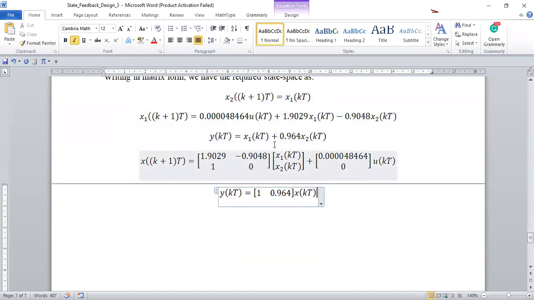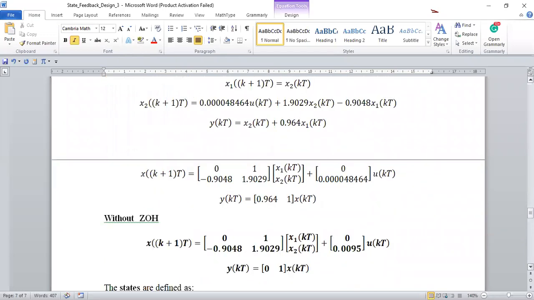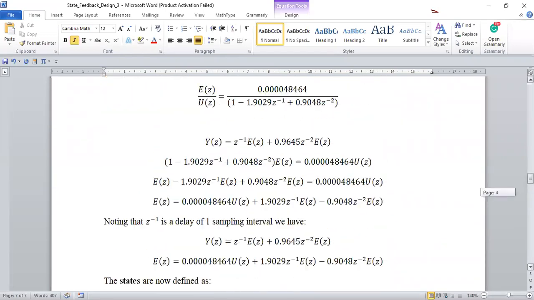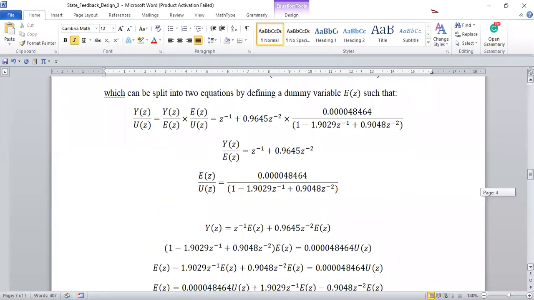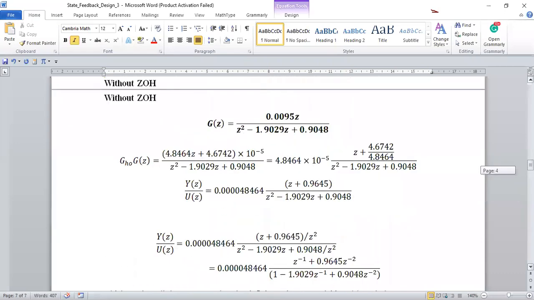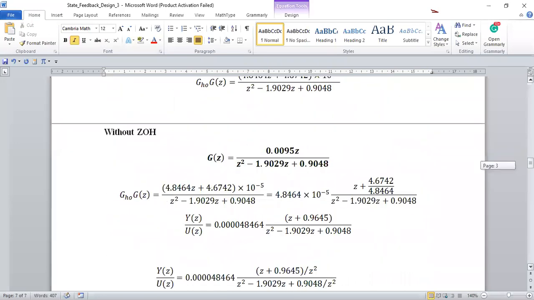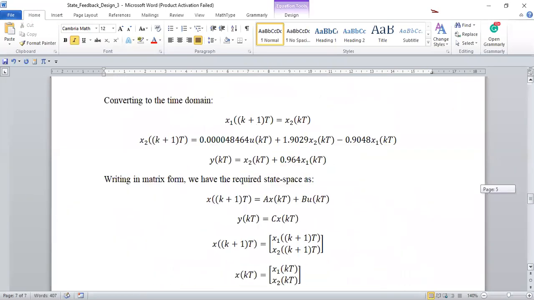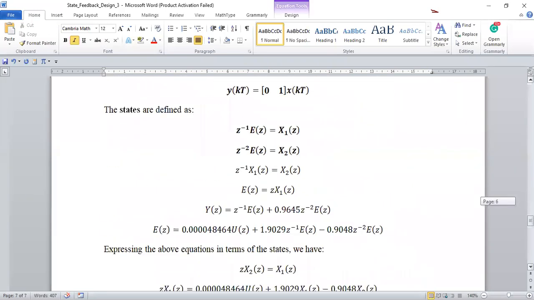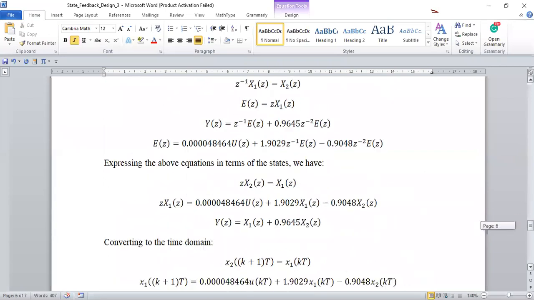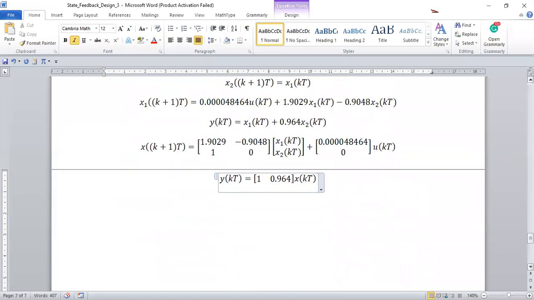The next topic after this is we are going to use MATLAB, because as you can see, these are really complex calculations, and they are prone to mistakes. So in the next class, we're going to use MATLAB to solve all this.